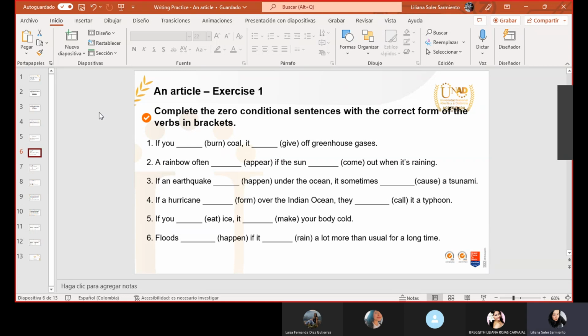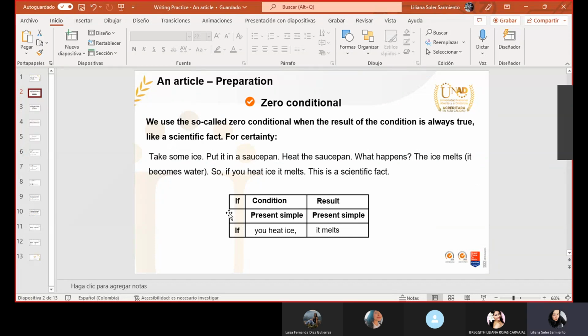The first part is the condition and the second part is the result, both in present simple.